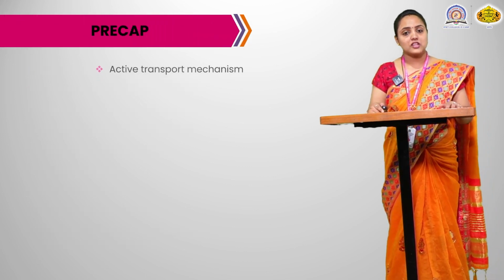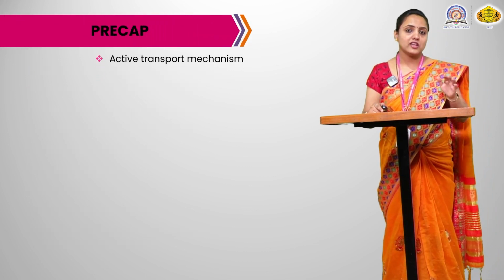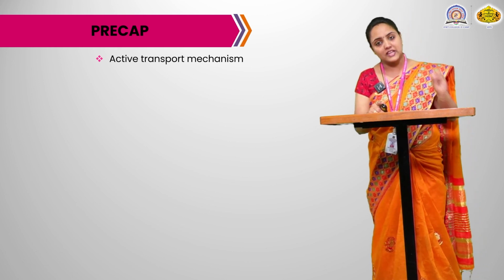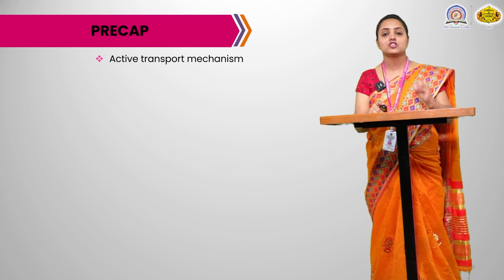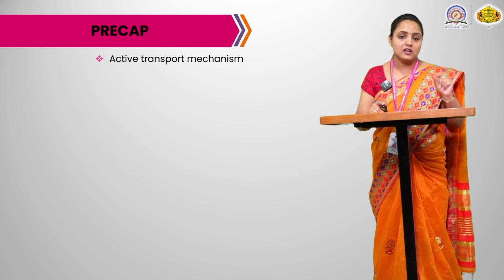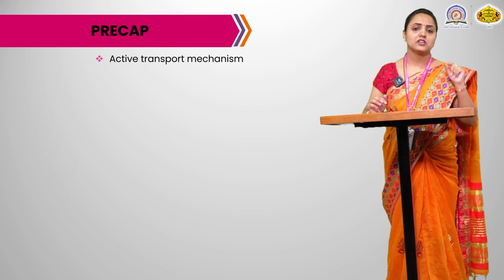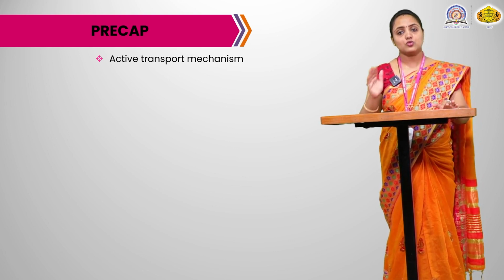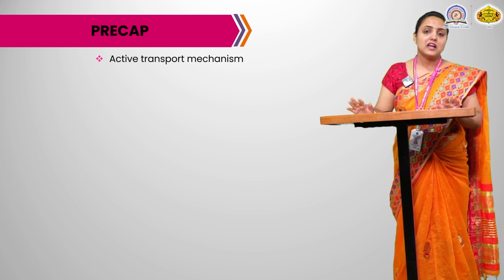In tomorrow's session, we are going to learn about the active transport mechanism, which requires a carrier and also ATP. We will see the pumps, endocytosis and exocytosis, phagocytosis and pinocytosis.